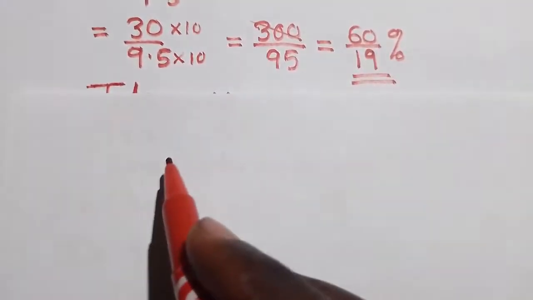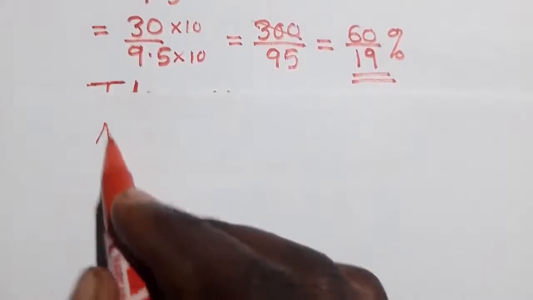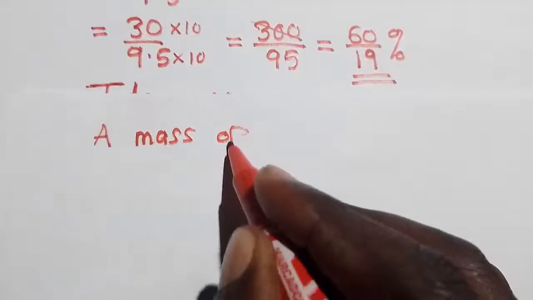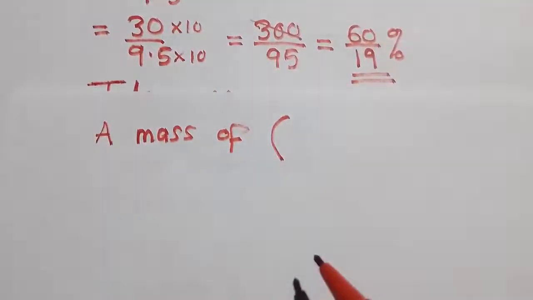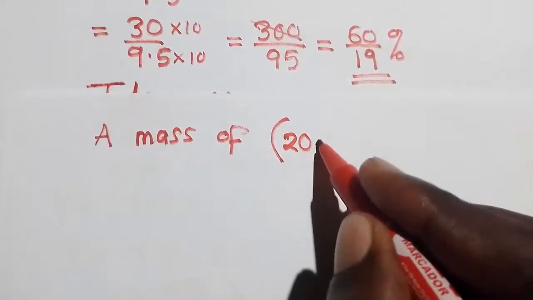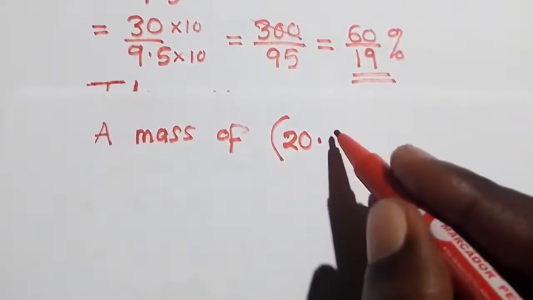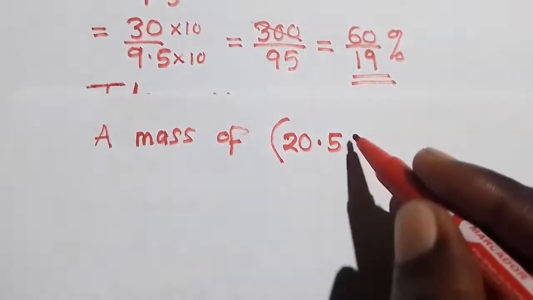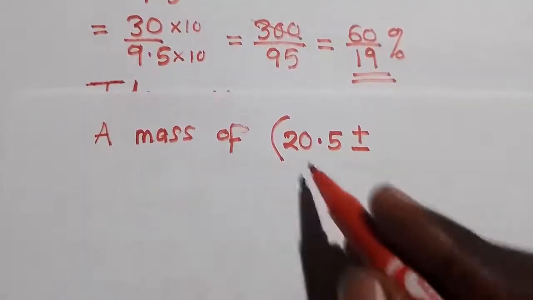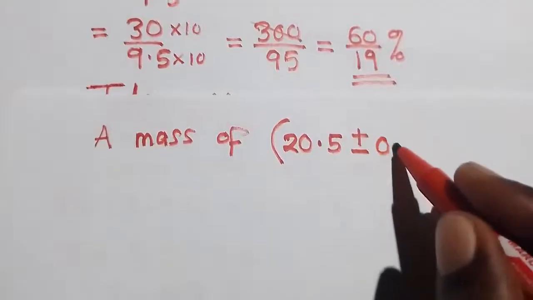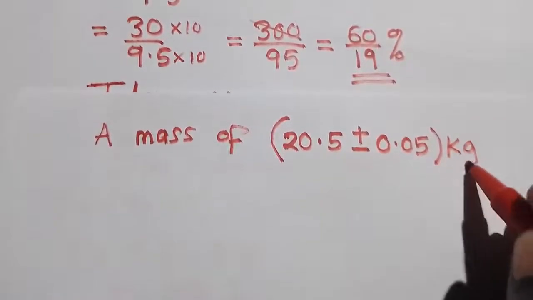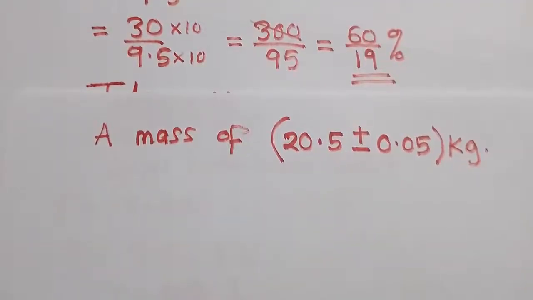They will tell you a mass, and they'll put something in brackets, where they are going to say 20.5 plus or minus 0.05, then they say kg here. Have you seen the way this question is?